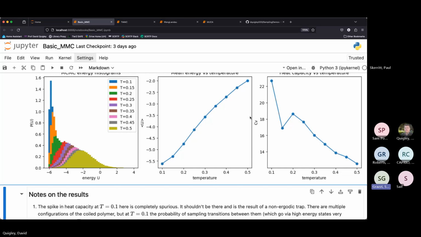I could make a move where I break this bond and I form this bond instead. Now I've got some disjointed thing, so I might need to make that bond and break that bond. And now I've moved into a different configuration of that coiled polymer. So there are people who work with bond breaking and forming moves to get around exactly this kind of pathology. But doing those in a way that obeys detailed balance is quite difficult.